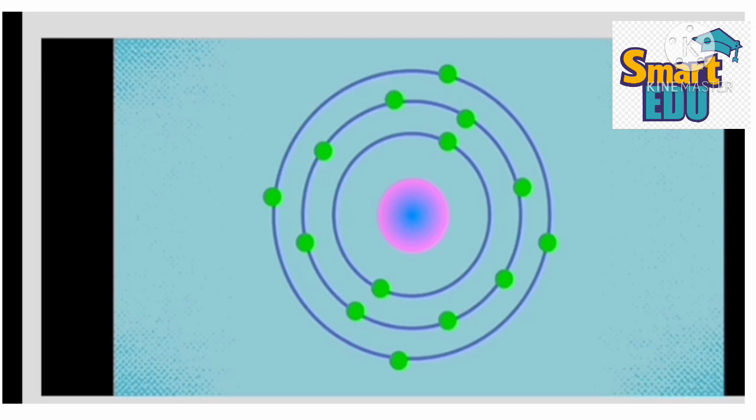The green circle is our electron and the pink circle is the nucleus. In the orbits, some electrons jump from inner orbit to outer orbit and absorb energy, or some electrons jump from outer orbit to inner orbit and emit energy equal to the difference of their energy levels.